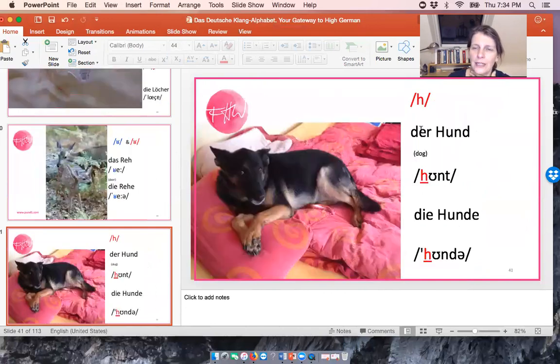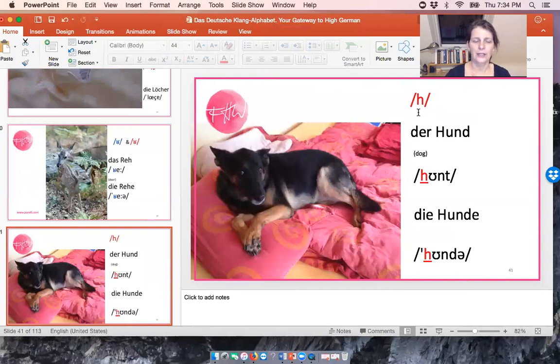Der Hund. We have a glottal fricative, but it's very, very soft. Hund. Try to breathe through your mouth.